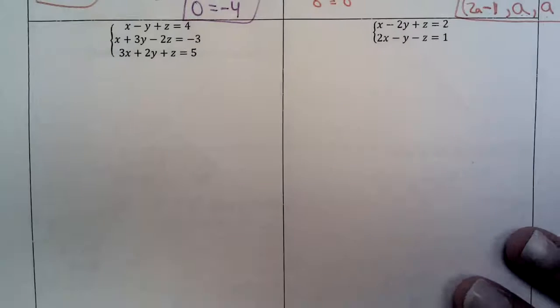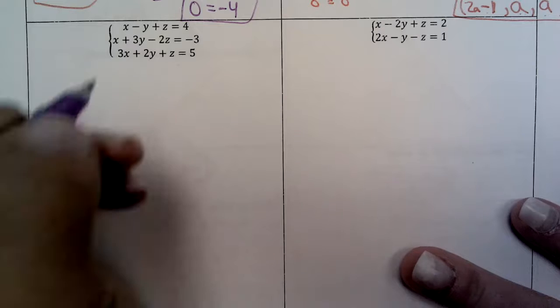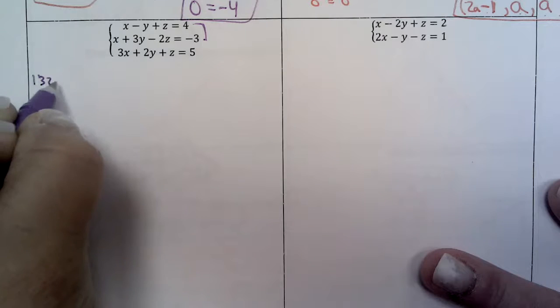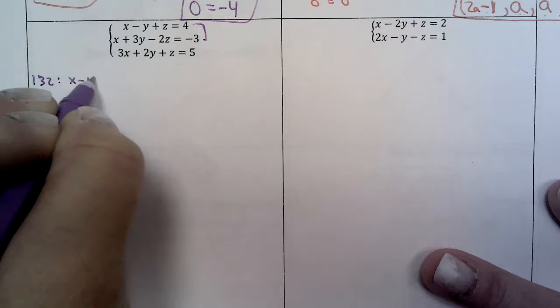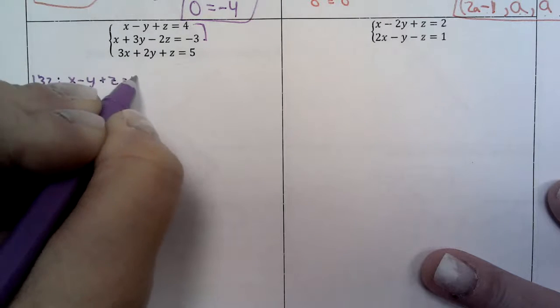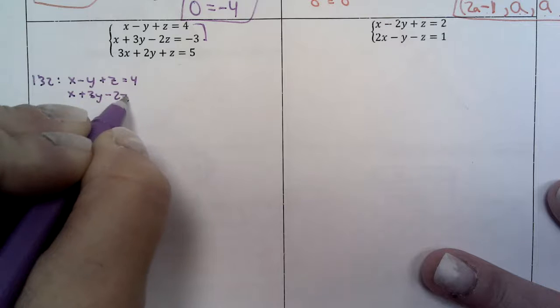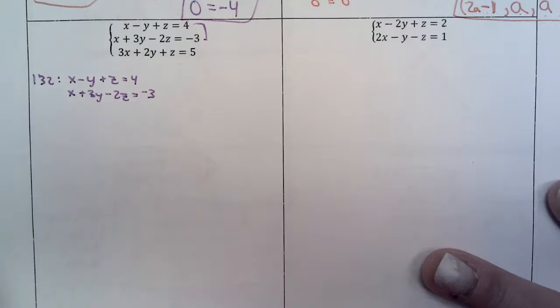So let's do a couple where we'll actually get some answers. I'm going to start the same way I always do. I'm going to do 1 and 2. So I'm going to have x minus y plus z equals 4, and x plus 3y minus 2z equals negative 3. It doesn't matter what I get rid of, I can decide.